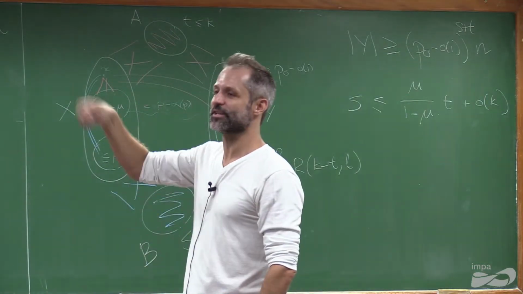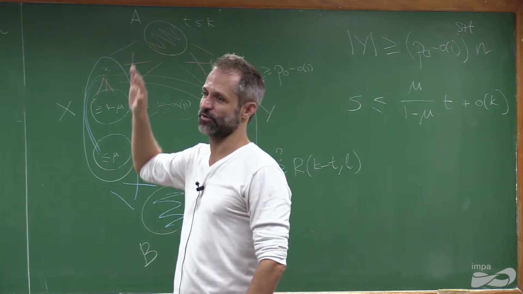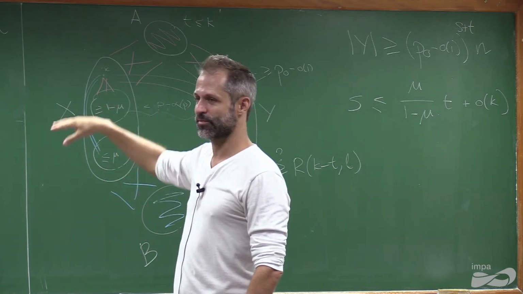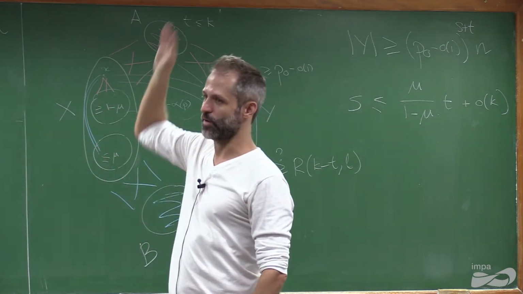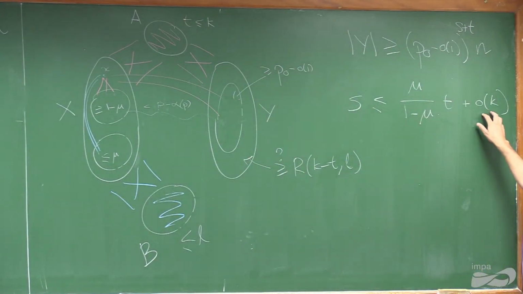If we keep doing too many extra density boost steps, we pretty quickly hit the boundary. So in only 1 over epsilon times log steps, we'll hit 1. So really this little o(1), it's a 1 over epsilon from that.